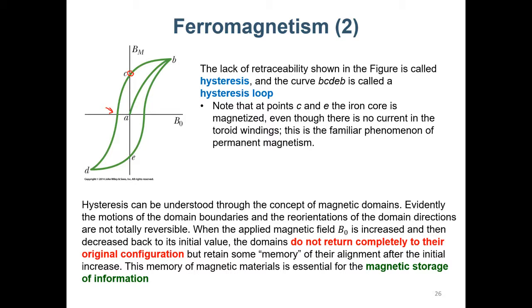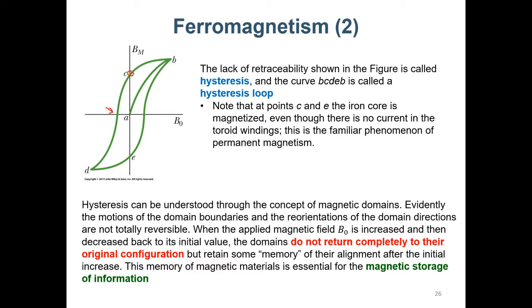If you go around the loop, it will go this way. Dynamically, it starts with no magnetic dipole moment, and then you apply a positive magnetic field, and it increases to this point.